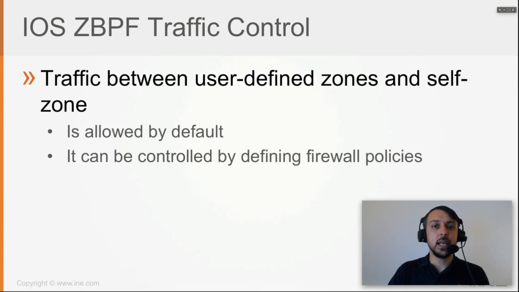But what it means is that as soon as you attach interfaces to specific zones, all traffic from those zones to the firewall, to the self zone, and from the self zone to the user-defined zones is allowed by default. And this makes sense. It's a safety mechanism to make sure you don't lose the control plane of the router, because if you lose the control plane and the management plane of the router, then nothing works and you lose access to the router completely, and it's going to be a network down situation.